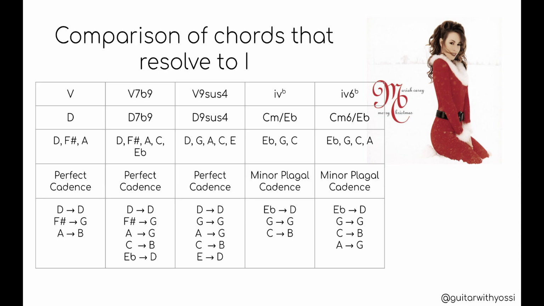Now we have our minor plagal cadence with the 6th in the chord. I like to play this chord like this. So it's E flat, G, C. I've doubled the G, and then I have the A up the top. Minor 6th chords are really interesting because they don't use the 6th that occurs in the minor scale.